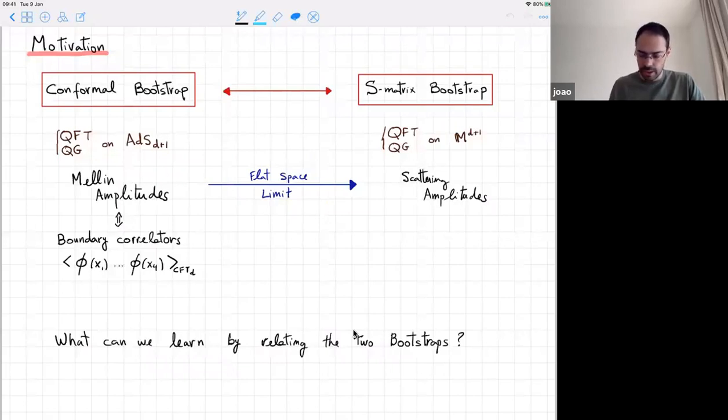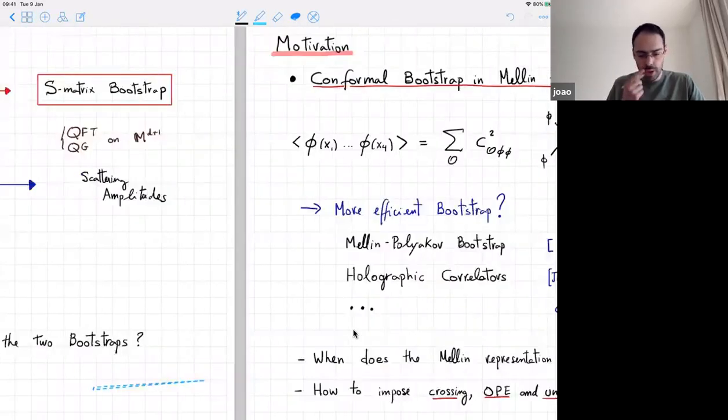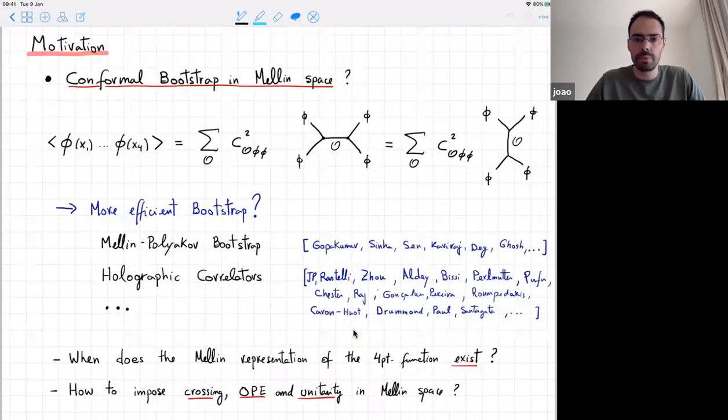Okay, so that's the general context, but more practical is: can we do a more efficient bootstrap by working in Mellin space? Here we have two hints that this might be true.